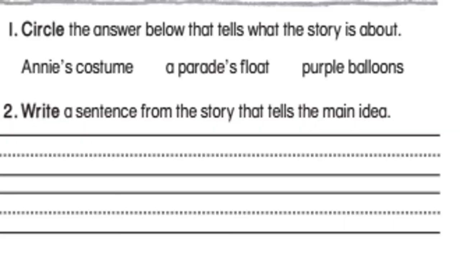Number 1. Circle the answer below that tells what the story is about. Annie's costume, a parade's float, purple balloons. Question 2. Write a sentence from the story that tells the main idea. So in this case, you need to refer back to the text and read it again.